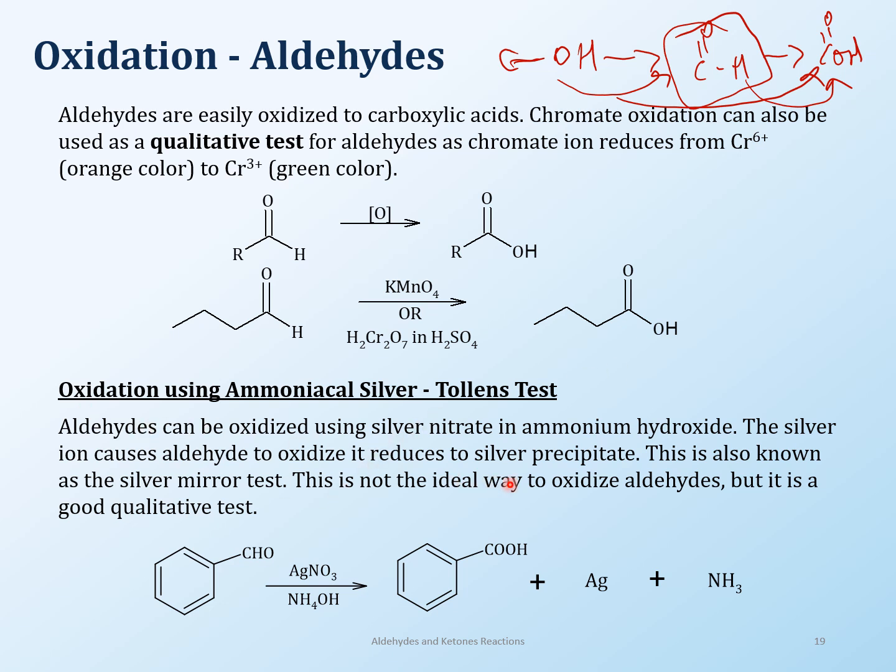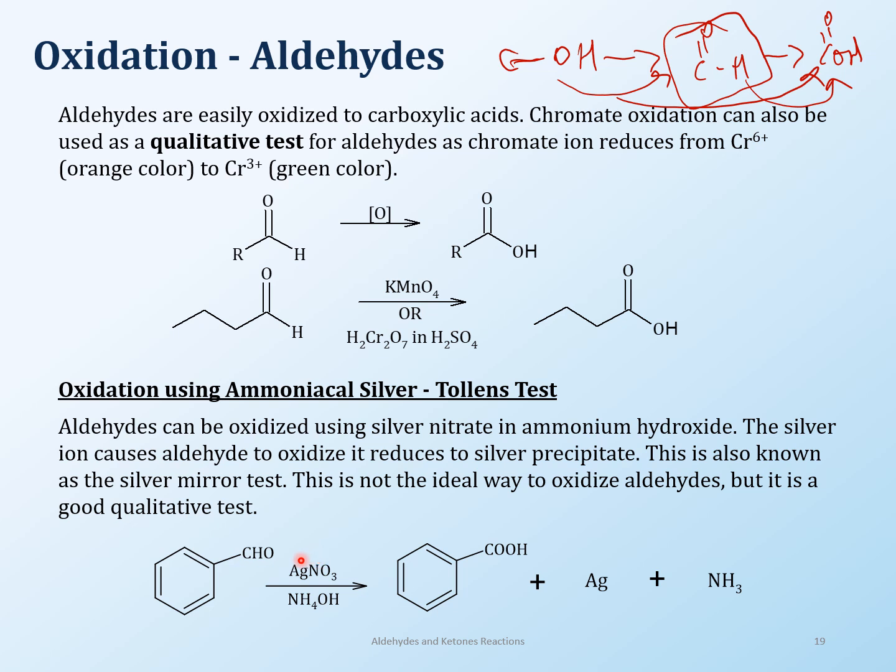And the Tollens test, this is an interesting one because this is for aldehydes, of course, because aldehydes are the ones getting oxidized. So if you take any aldehyde and treat it with silver nitrate and ammonium hydroxide, you end up oxidizing the aldehyde to the carboxylic acid, which is fine. But in the process, you reduce the silver.